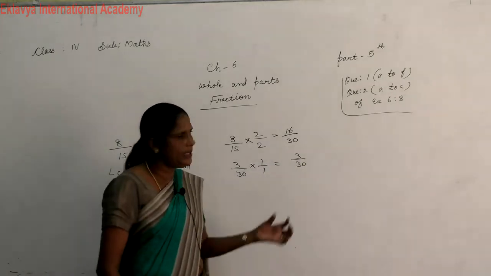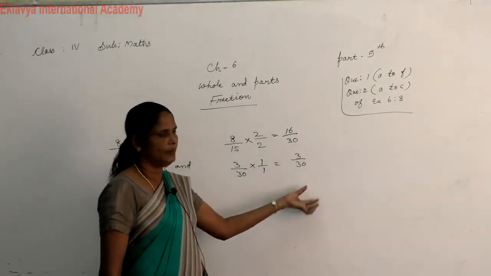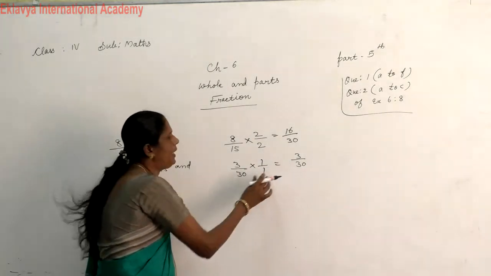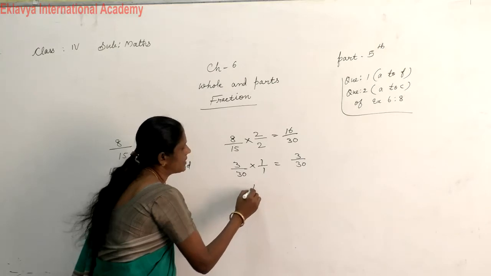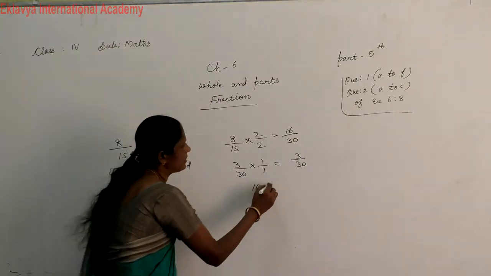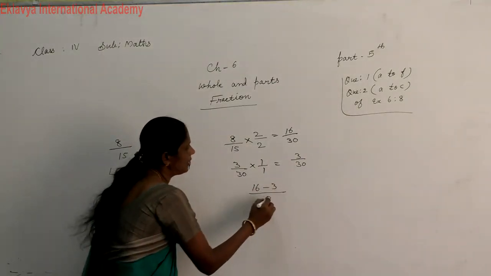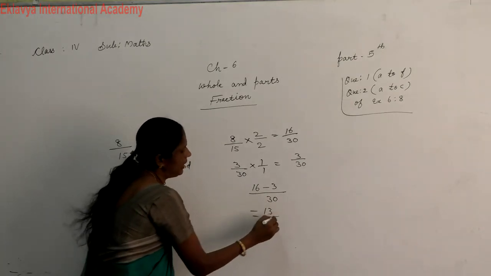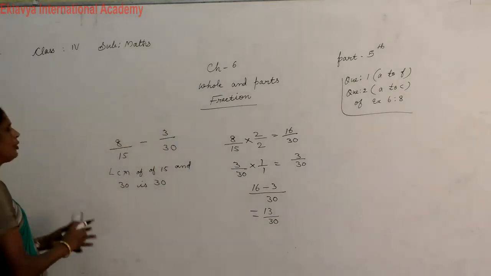Your LCM is the denominator. Now the denominators are the same. Now we subtract 16 minus 3 upon 30 is equal to 13 by 30. Understand? One more question.